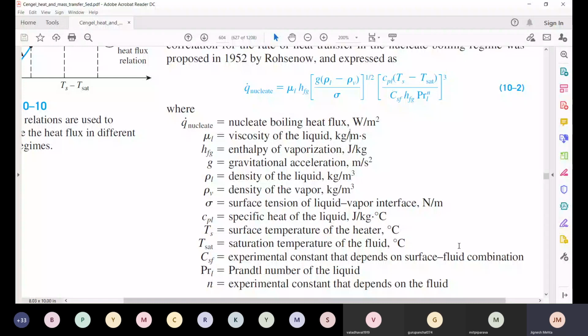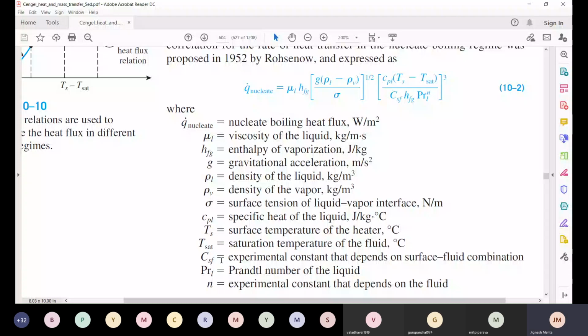Right. So here you will have to refer to tables which provide the value of CSF, which is a constant depending upon the surface, like whether it is a copper-water combination, or a steel-water combination, or steel and ethanol, or what kind of combination there is. The CSF value has been given based on experience or experiments.